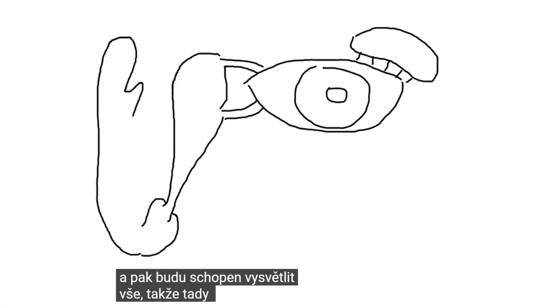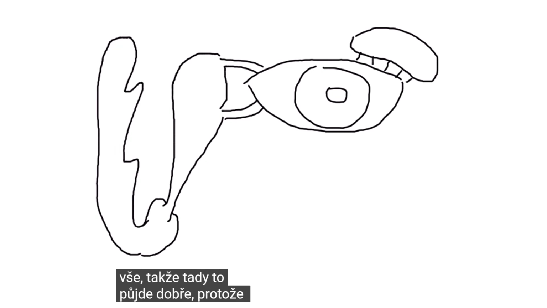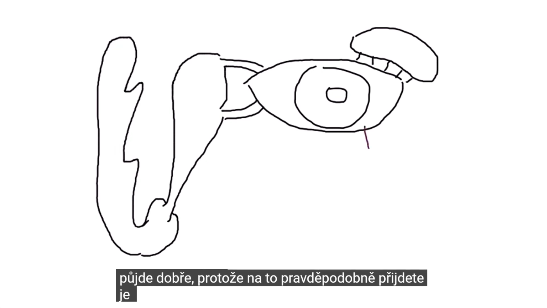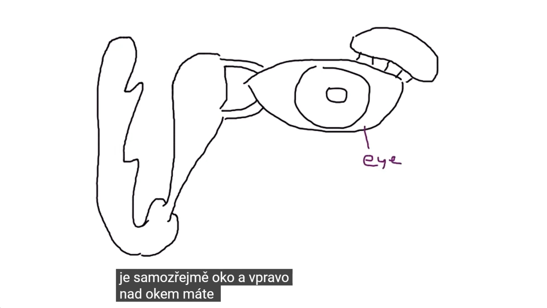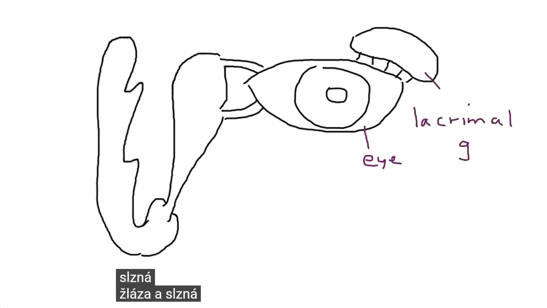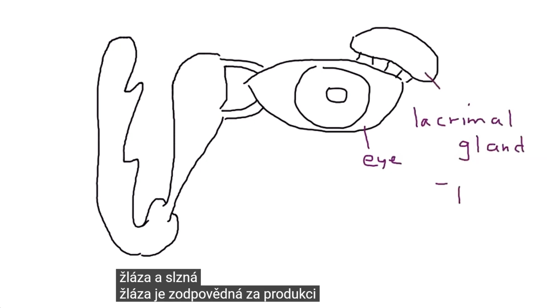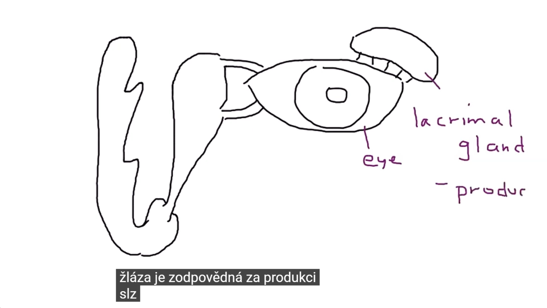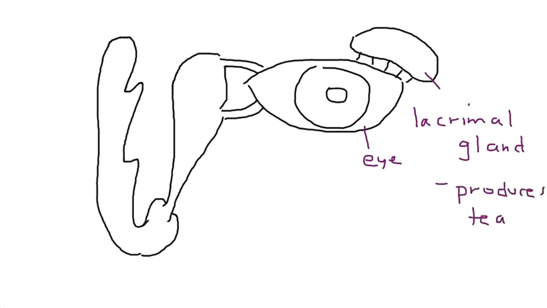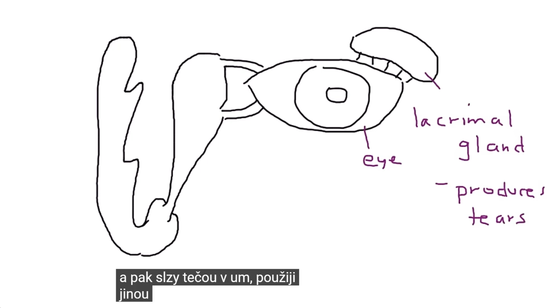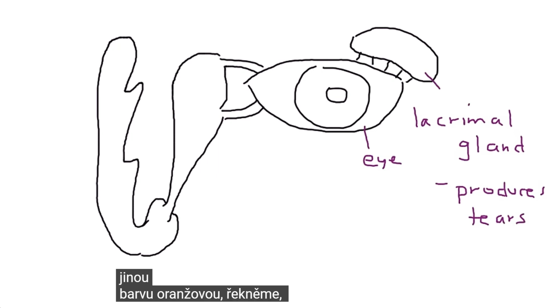So here we go. Well, as you can probably figure out, this is of course the eye, and then right above the eye you have this, which is the lacrimal gland. And the lacrimal gland is responsible for producing tears. And then the tears flow in, I'll use a different color, orange let's say.